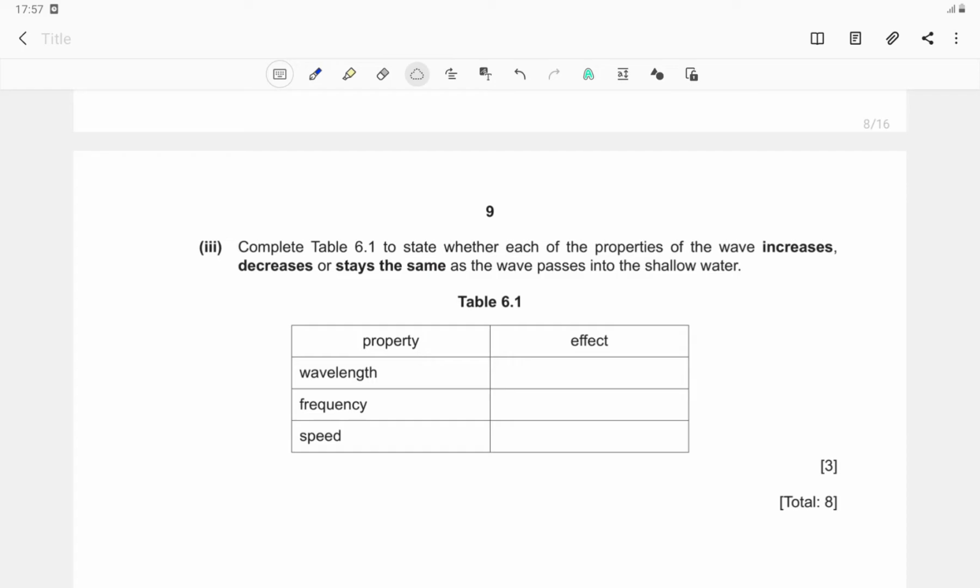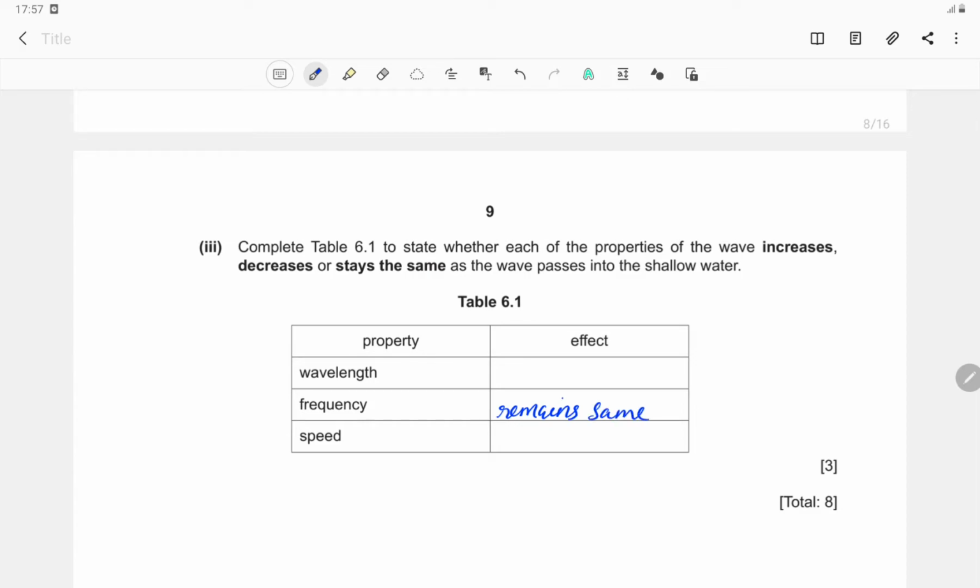One important point you need to know is when a wave is traveling from one medium to another medium, its frequency will remain the same. Whether it's a water wave or light wave or any other wave, the frequency will always remain the same. So here for frequency, you can write down it will remain same.